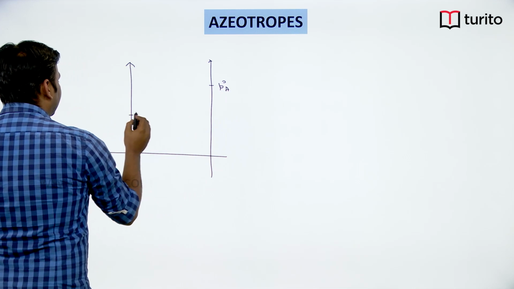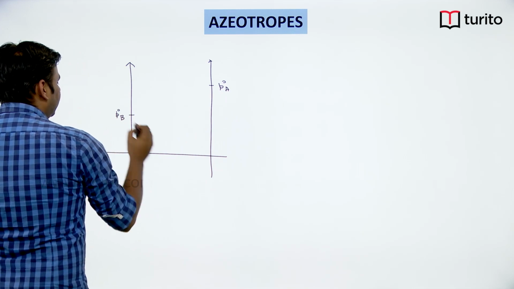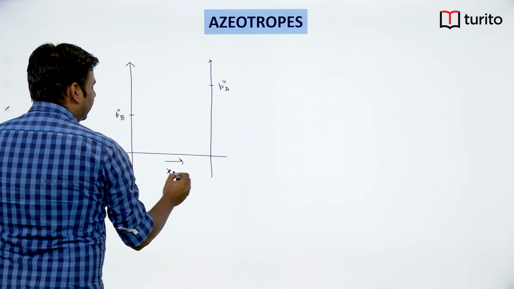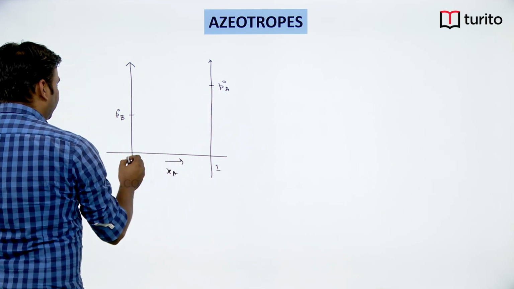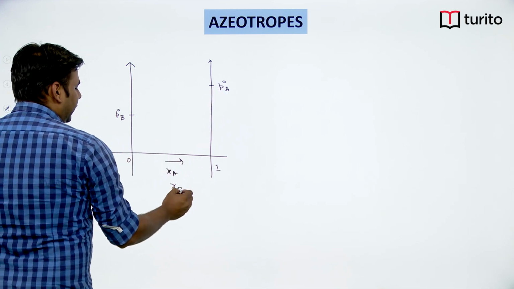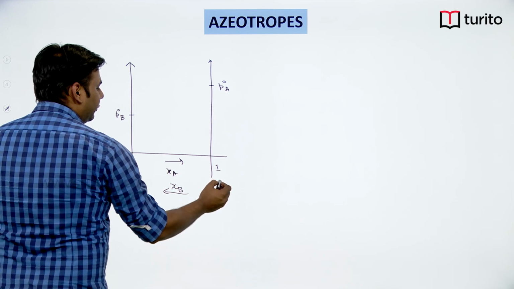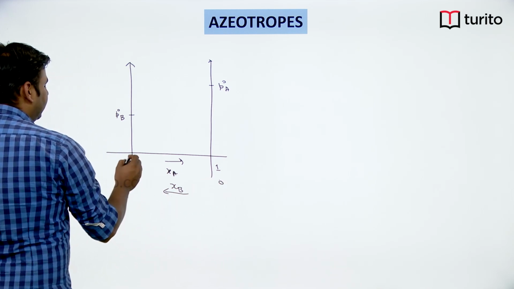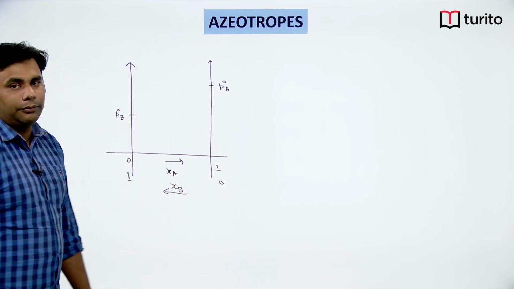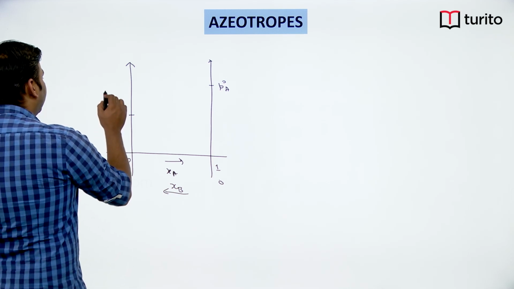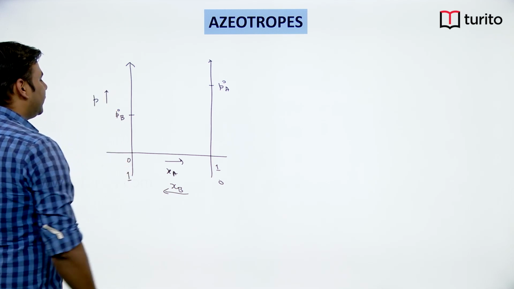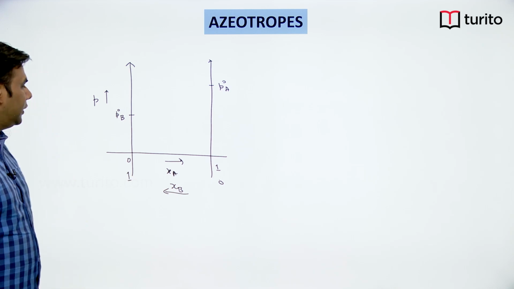Suppose there are two components A and B. The mole fraction of A is 1 over here, only pure component A is present, and when the mole fraction of A is 1, the mole fraction of B is 0. Mole fraction of B is 1 over here, so this is only pure B. We were plotting the total vapor pressure versus the composition.